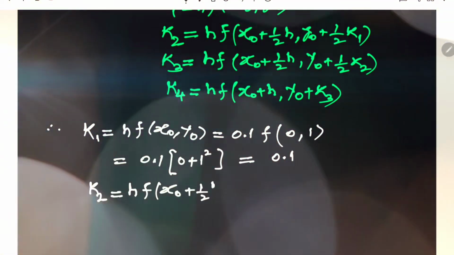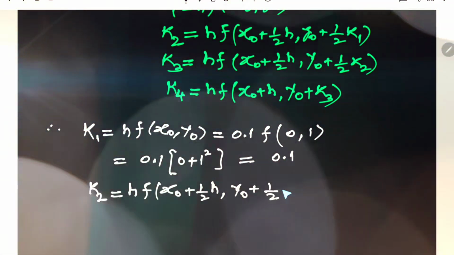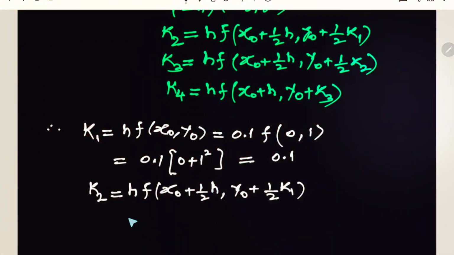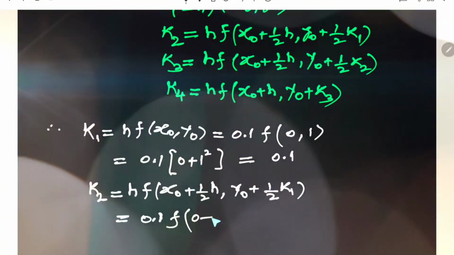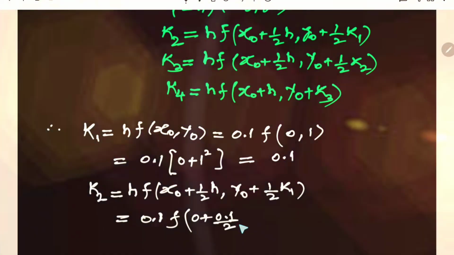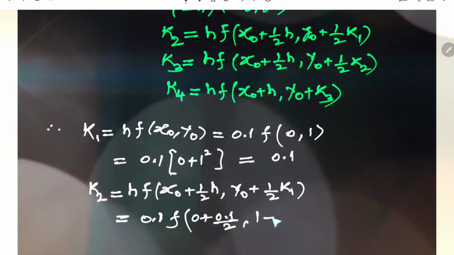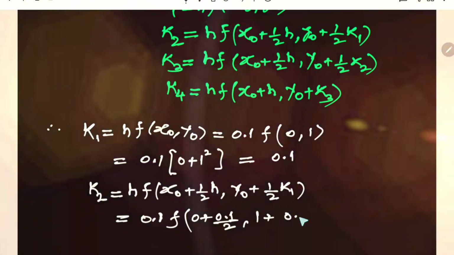Then k2 as h f of x0 plus half h, comma, y0 plus half of k1. These are the x and y coordinates. And then h means 0.1, f of 0 plus 0.1 by 2, y0 is 1 plus k1 is 0.1 divided by 2.